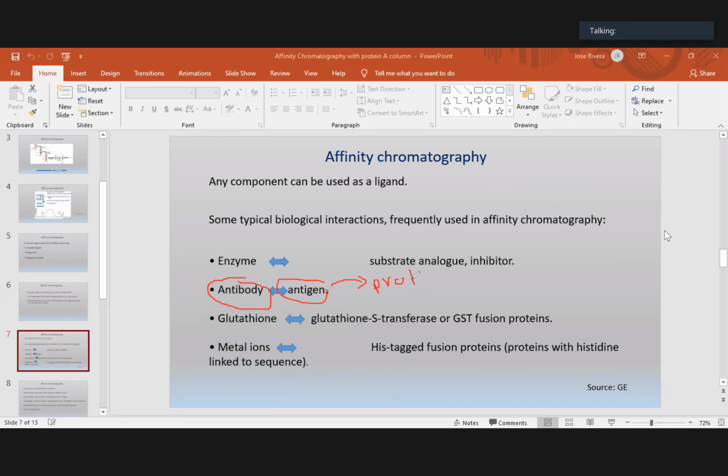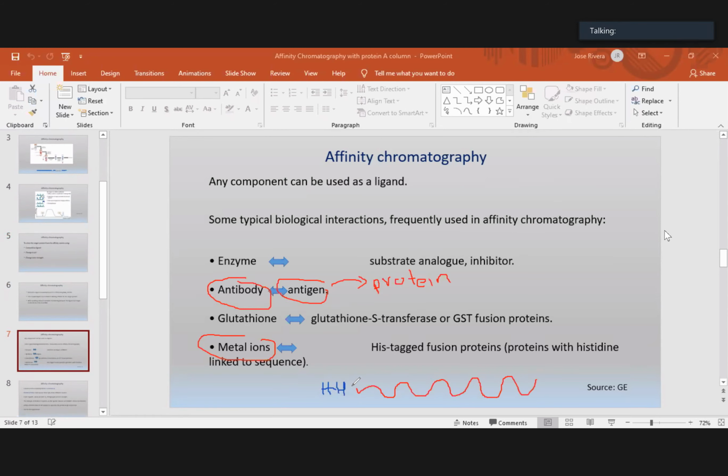That will be our example. You can have an enzyme and its substrate, or you can have something called a metal ion. There are some proteins, you can think of a protein as being linear just for our purposes. Usually they're not linear. And what you can do is add these amino acids called histidine.